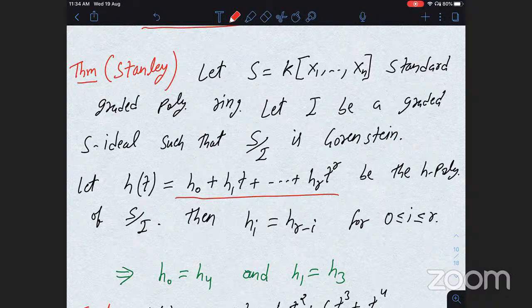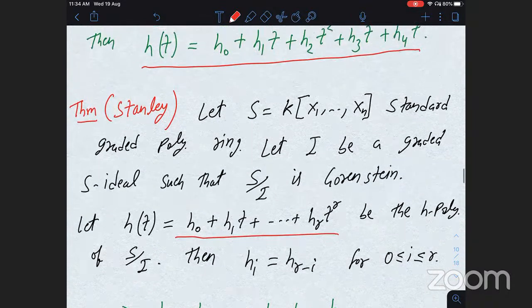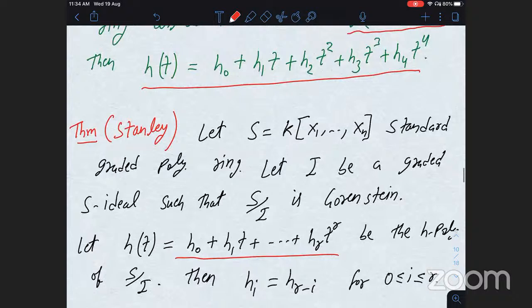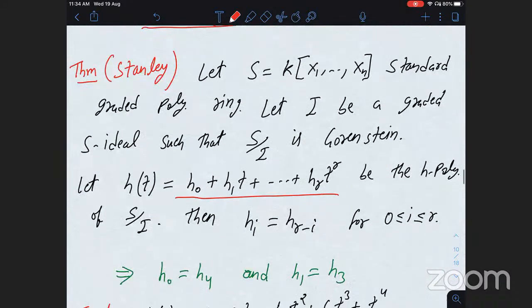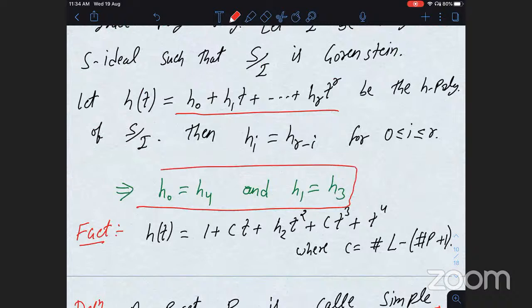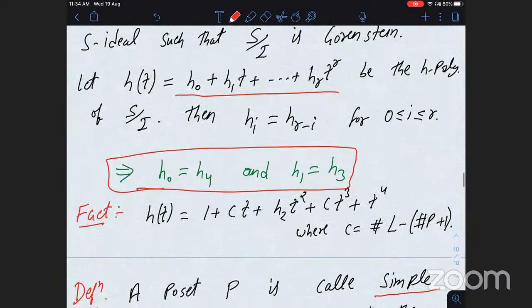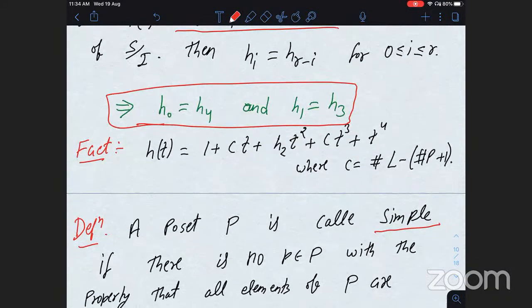By this theorem, in our case where the regularity of the Hibi ring is 4, we will have that h_0 is equal to h_4 and h_1 is equal to h_3. Now one more fact will clarify how the h polynomial of the Hibi ring will look.